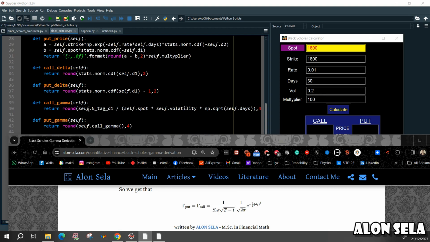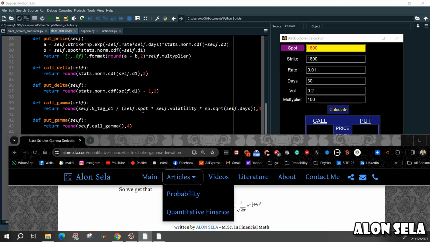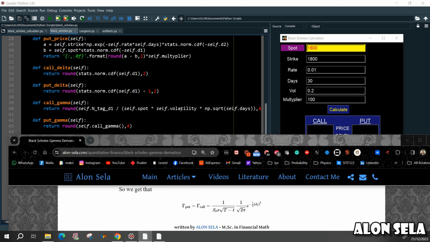So let's go to the gamma. You can see this is the first part for the call gamma. This first bit is this, as we just saw, and we need to divide all of this by this part: the spot times the volatility times the square root of the days to maturity.